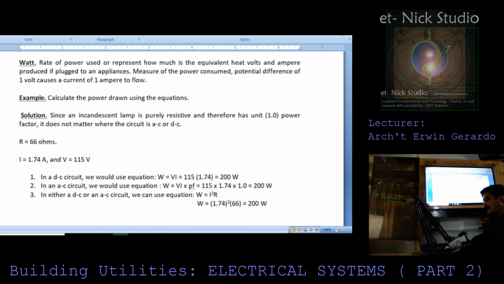In a DC circuit, we should use the equation W equals V times I. So we just substitute the values: 115 volts times 1.74 ampere is equivalent to 200 watts.